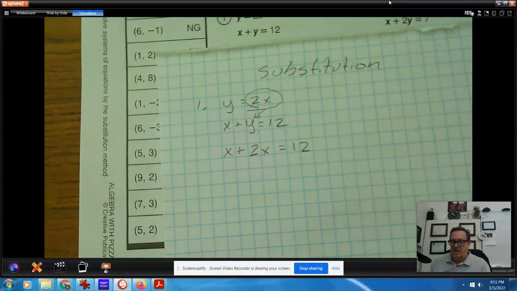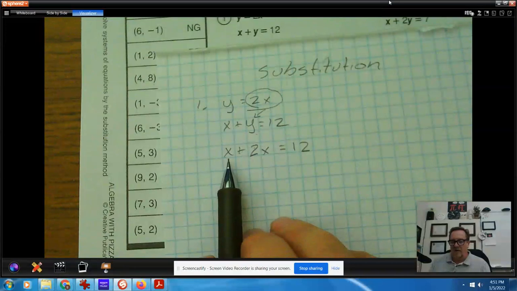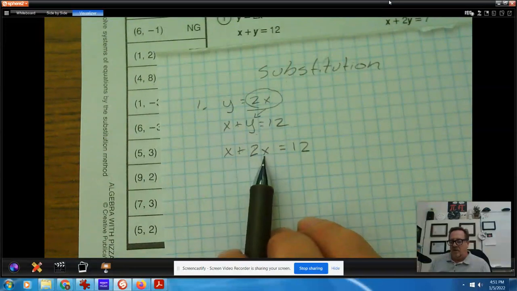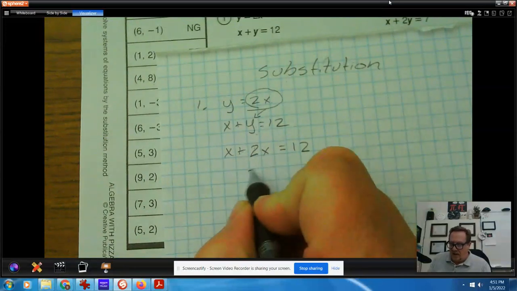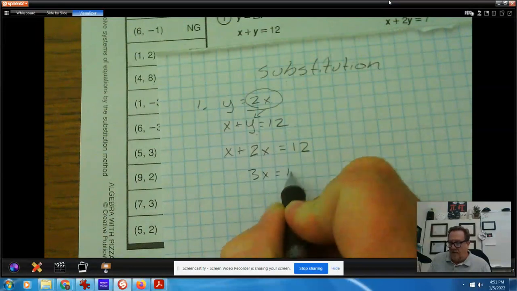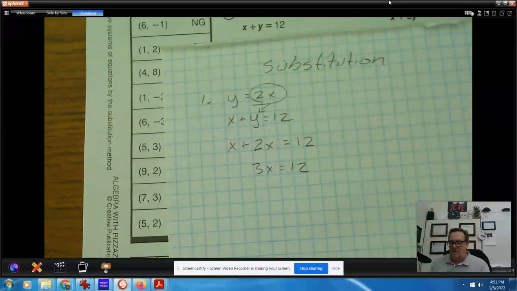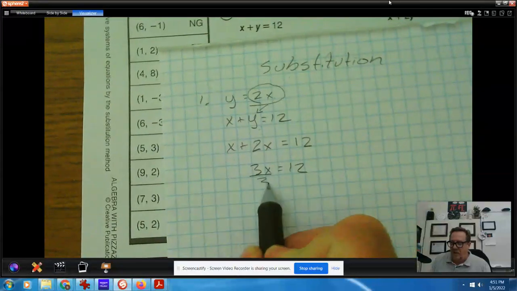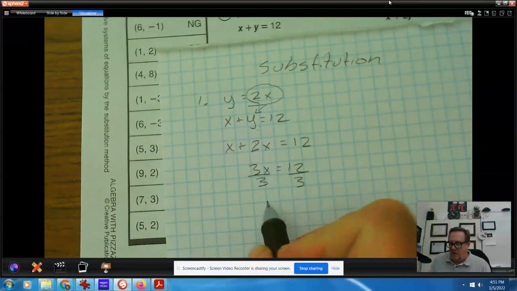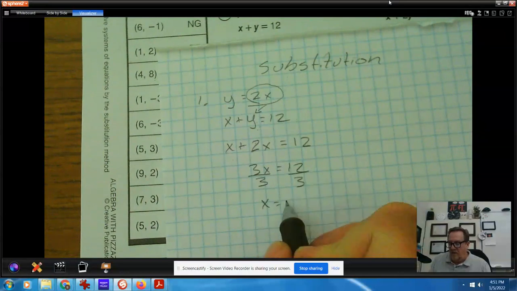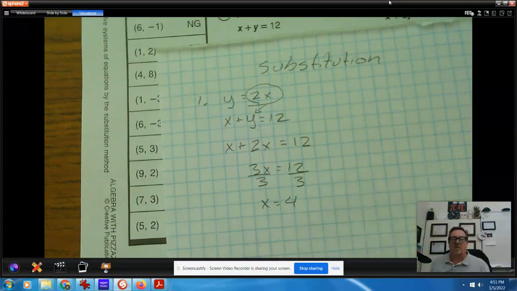Yes, that's right. We simplify or we combine our like terms. 1x plus 2x's is 3x's, and that's still equal to 12. How do I get x by itself? Let's divide both sides by 3. And so we'll get x is equal to 4, since 12 divided by 3 is 4.